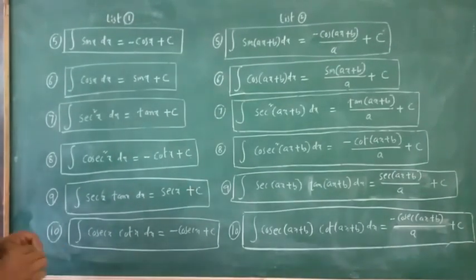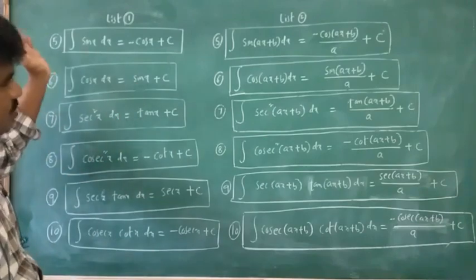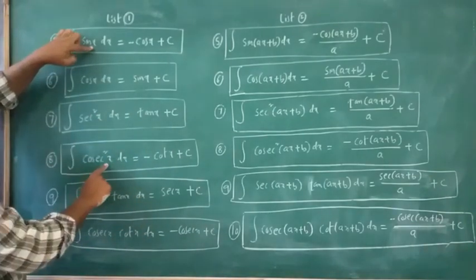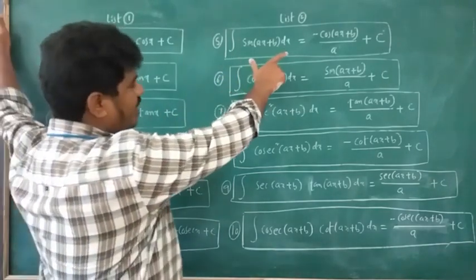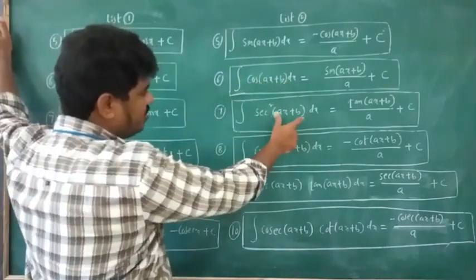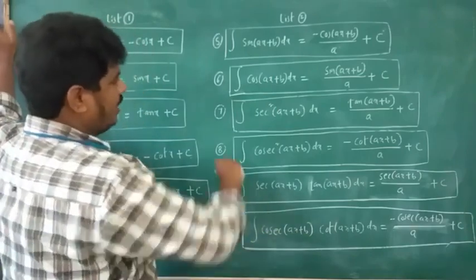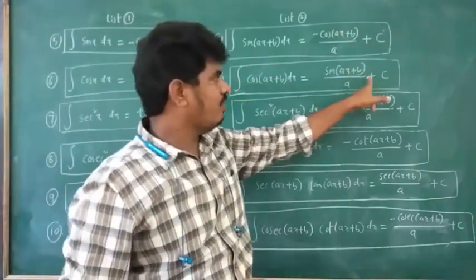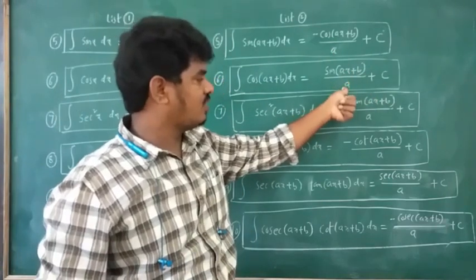Just compare the remaining 6 formulae. In the left-hand sides, we are having x in the first list. In this list, we are having ax plus b. In the right-hand sides, in the place of x, we are getting ax plus b only, but in the denominator, we have that a.